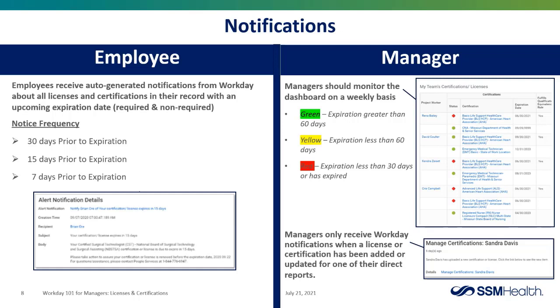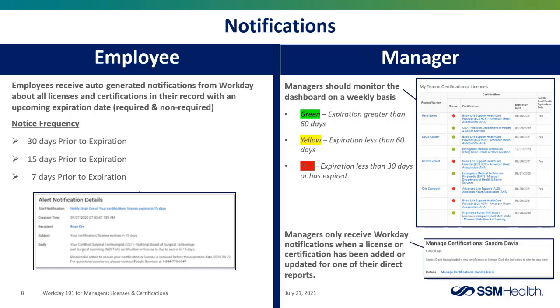The managers actually work off a dashboard. Here's an example, and I'll show that in the demo a little later. If you see in the status bar a green, that's an expiration date that's greater than 60 days. Yellow is an expiration date that's less than 60 days. Or red, that expiration is going to expire within 30 days.